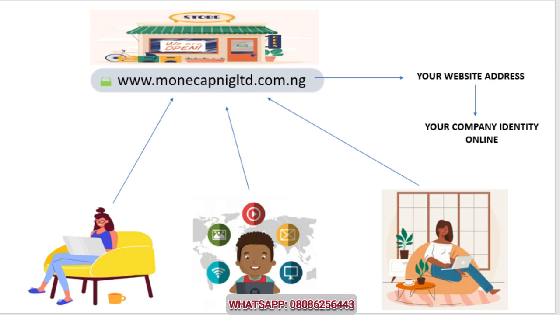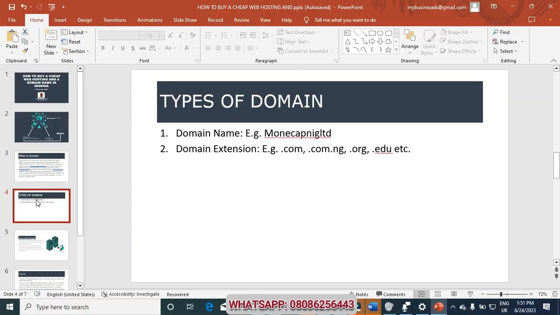Now, there are two parts of a domain, which are the domain name and the domain extension. So the domain name represents your company name. Like for the example I gave, which is Namecheap Nigeria Limited. So therefore, our domain name is the Namecheap Nigeria Limited.